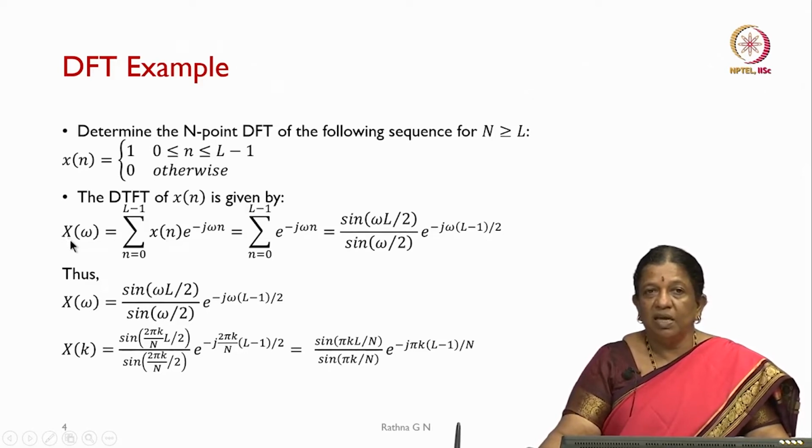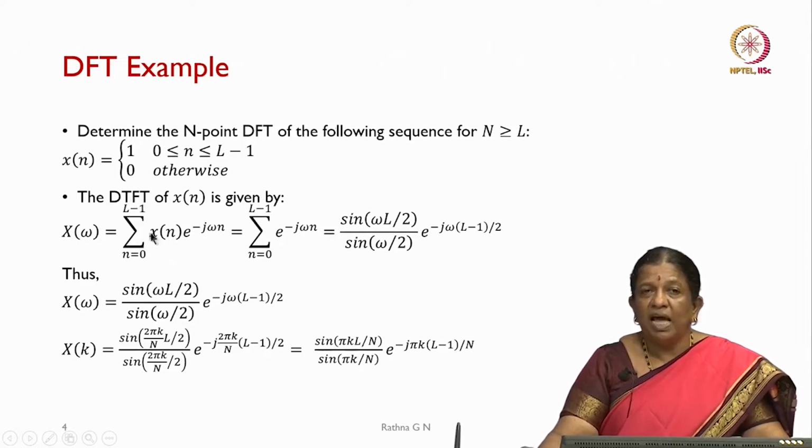That is X(omega) or X(k). In this case we are assuming X(omega), the DTFT, the discrete time Fourier transform. Here the amplitudes are discrete and the frequency is continuous. That is the reason why omega is there, which varies from 0 to 2 pi.